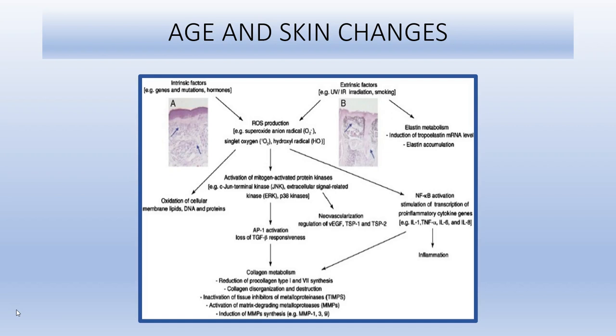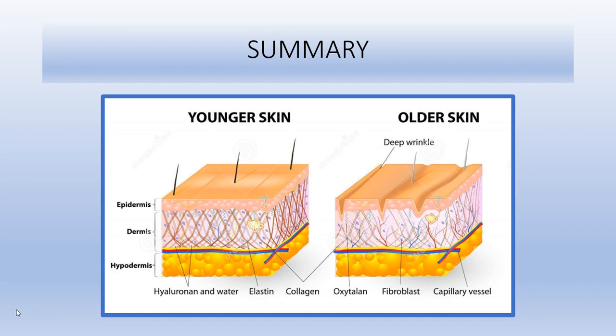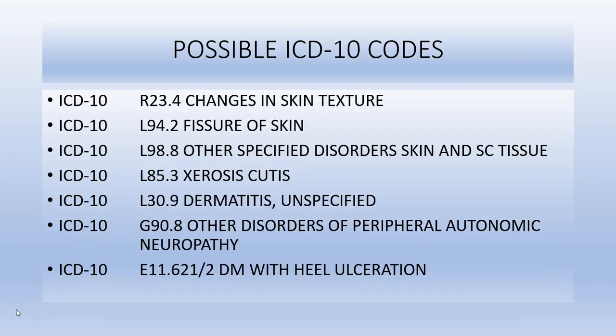We have the activation of matrix degrading metalloproteases and increased synthesis of them. So in summary, we can look at differences in younger skin and older skin, and we could speak to the histologic changes and differences, and we could speak to the physiologic changes and differences.